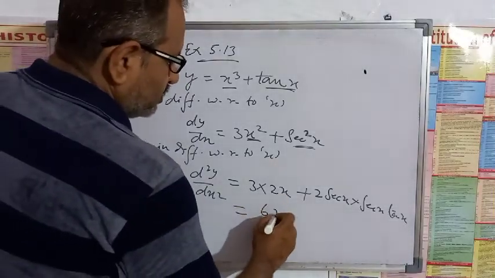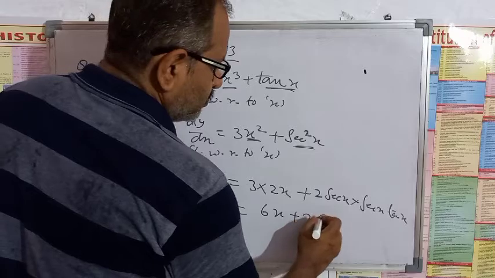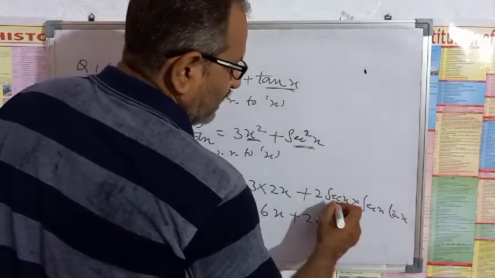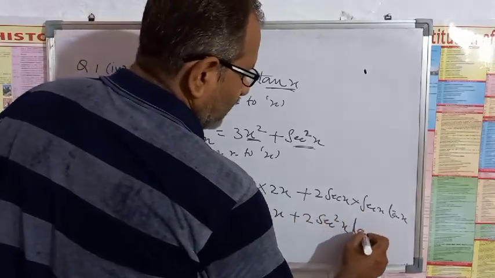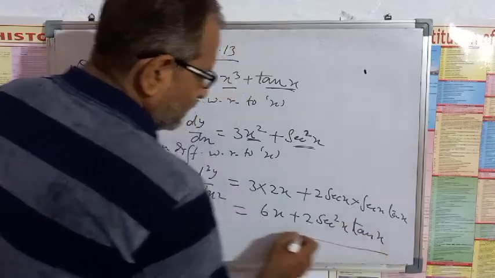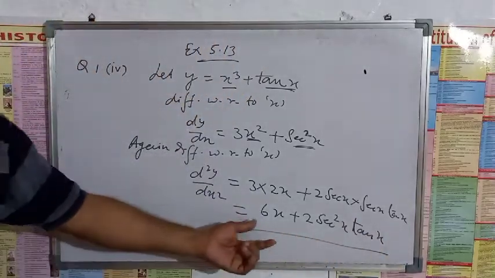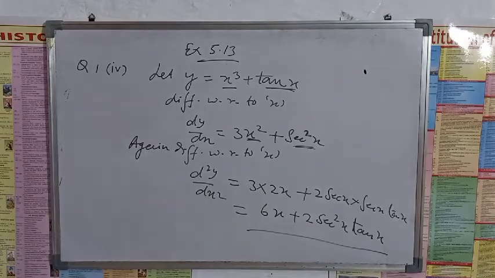So 3 into 2, 6x, plus 2 sec square x tan x, sec x into sec x, sec square x. This is second order derivative. So second order derivative means we have to differentiate the given function 2 times.